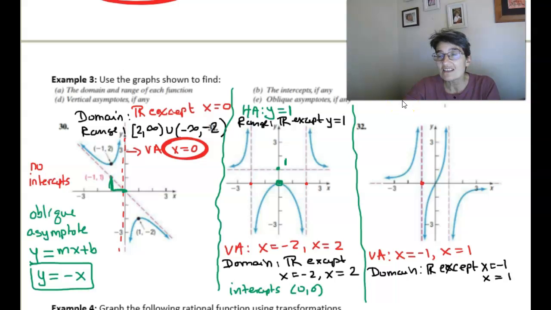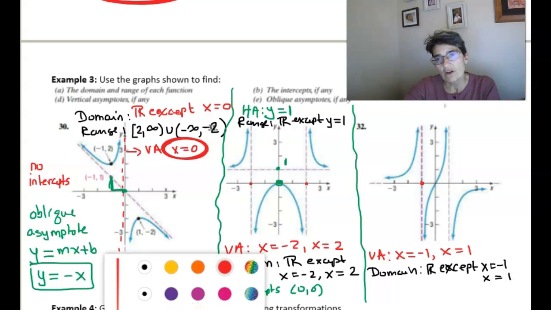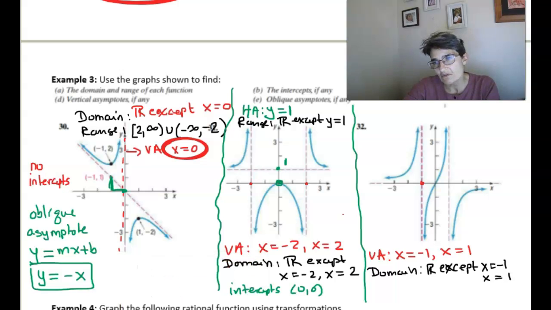I don't see any horizontal asymptotes drawn as pink lines, but the graph is kind of leveling off before it hits the x-axis. There's actually a pink line there, so there's a horizontal asymptote at y equals 0.